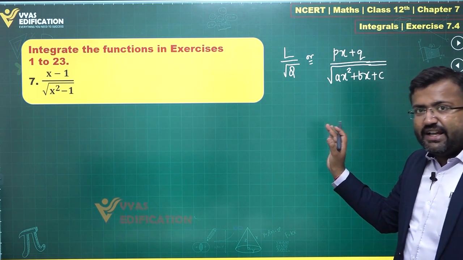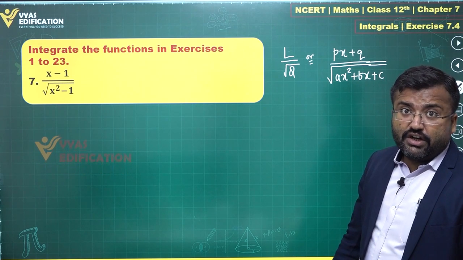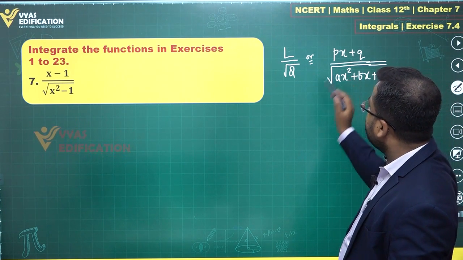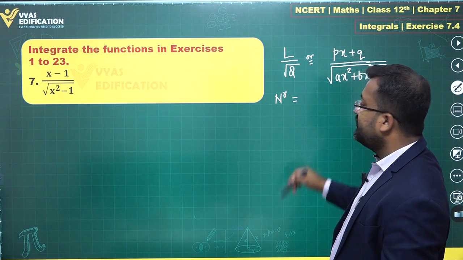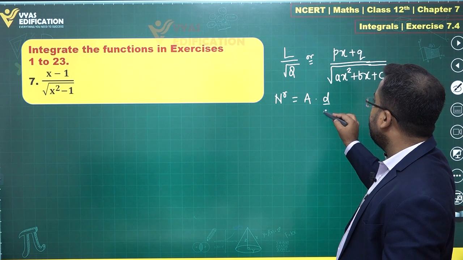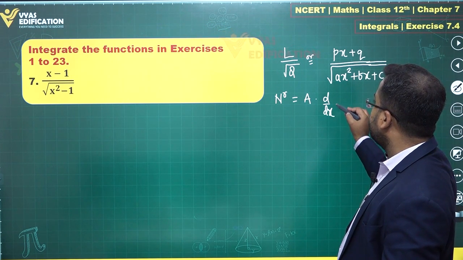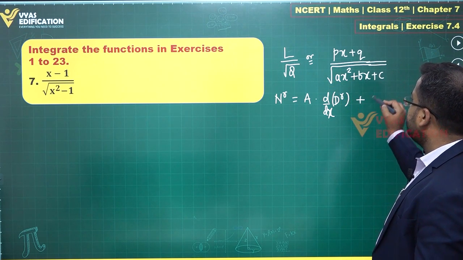And these types of integrals, where you have the numerator and under root of quadratic in the denominator, can be handled by expressing the numerator in terms of the derivative of the denominator plus some constant term.